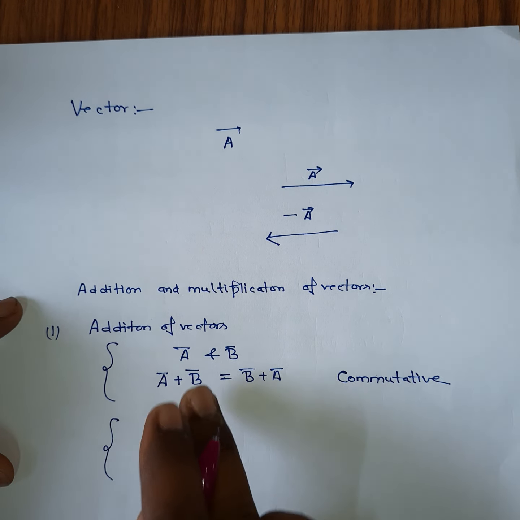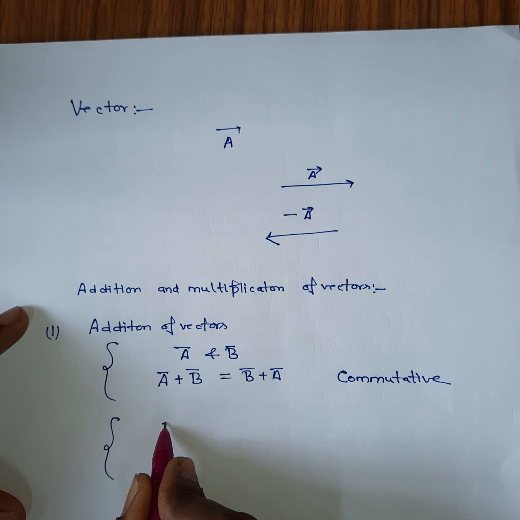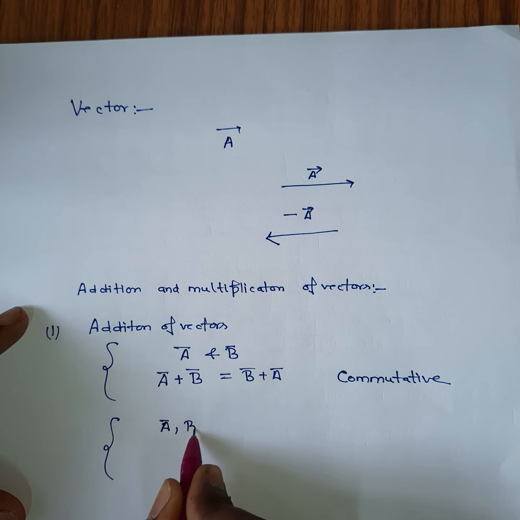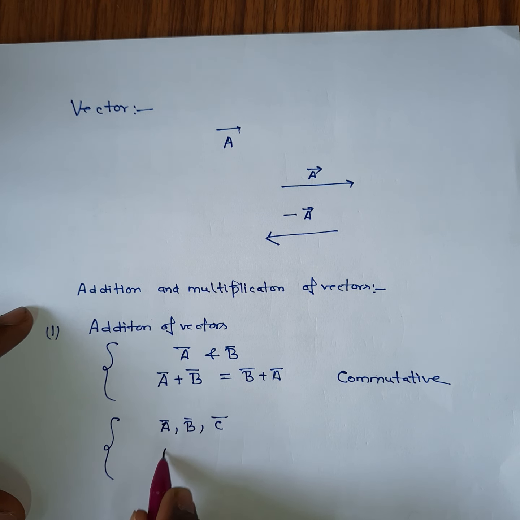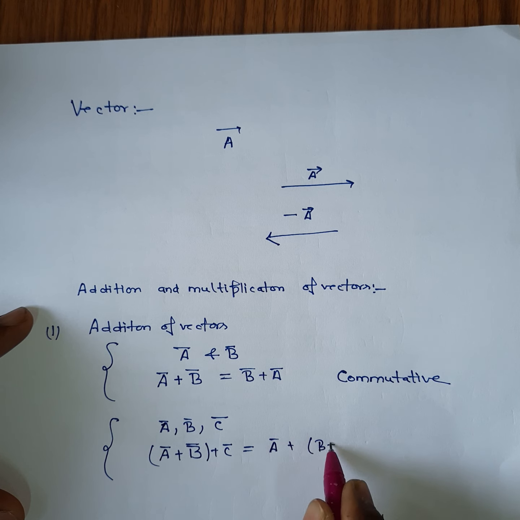Now another important property in addition is, if there are three vectors A vector, B vector and C vector, then it can be written as A vector plus B vector plus C vector is equal to A vector plus B vector plus C vector, grouped differently.